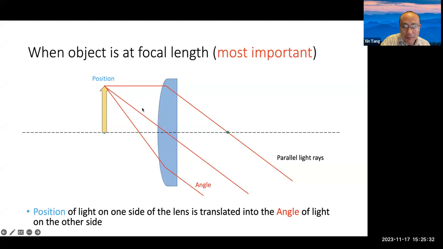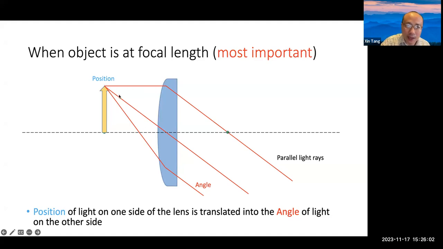Here you see the object in front of one lens, and you may notice some interesting relationship between position and angle. This object, we purposely put on the focal point, this green dot here, so that all the light coming out from this point is emitted.